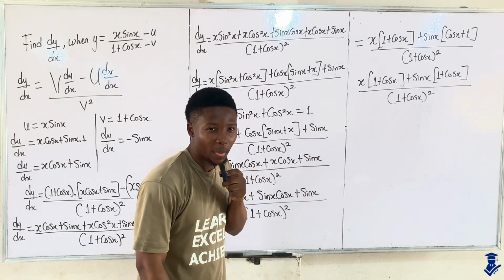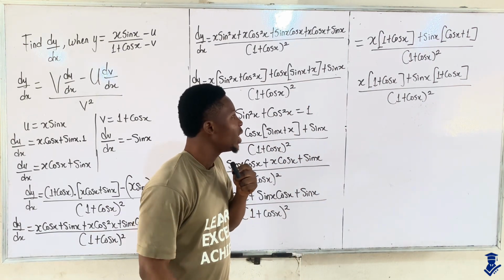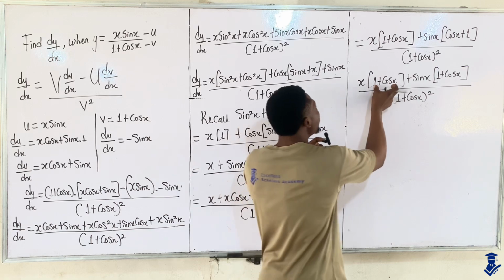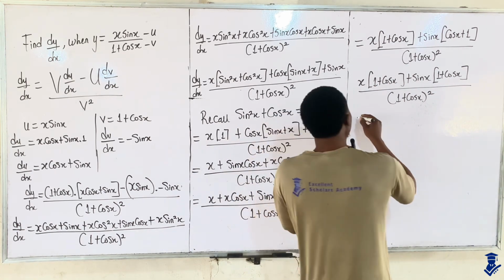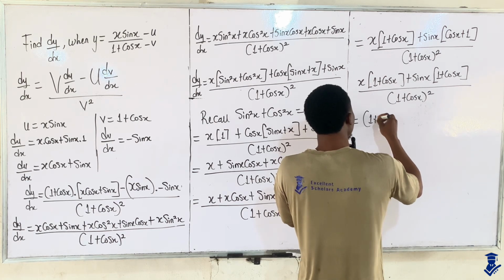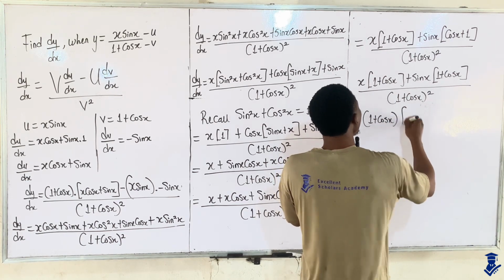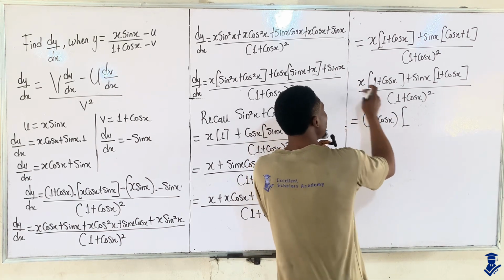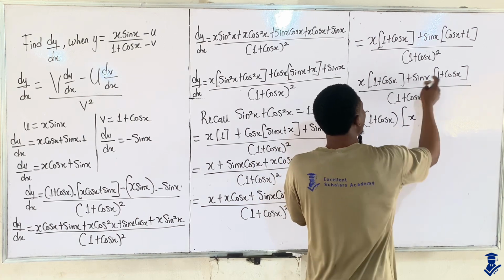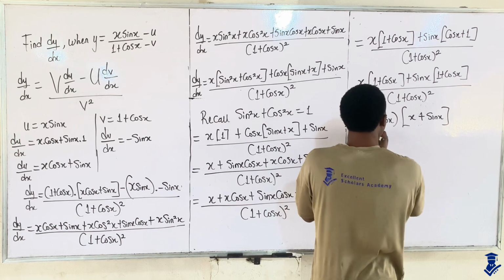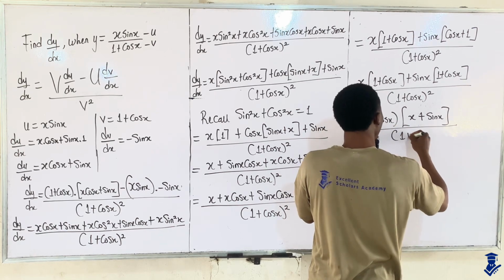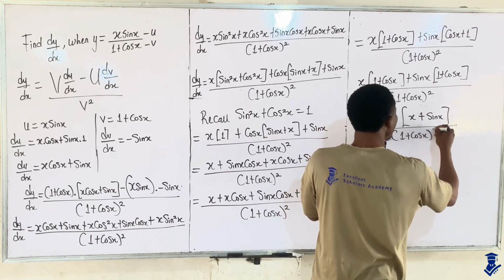All right. Now let's continue. If you notice, 1 plus cos x, 1 plus cos x common on both sides. So we could bring it out and then we have 1 plus cos x all into, you've taken this out, so you're going to be left with x. You've taken this out, so you're going to be left with what? Plus sine x. All right. All over 1 plus cos x all squared.